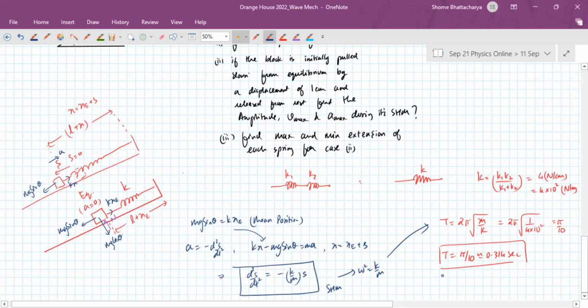This is the time period, and omega is 20 radians per second.